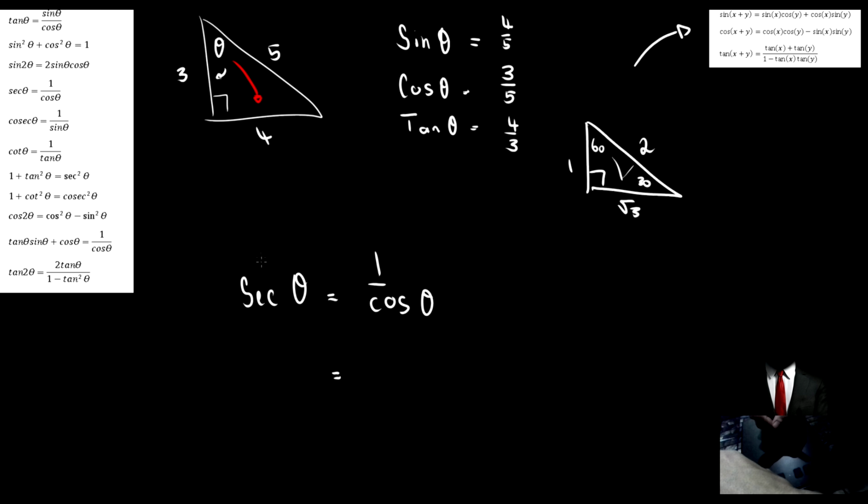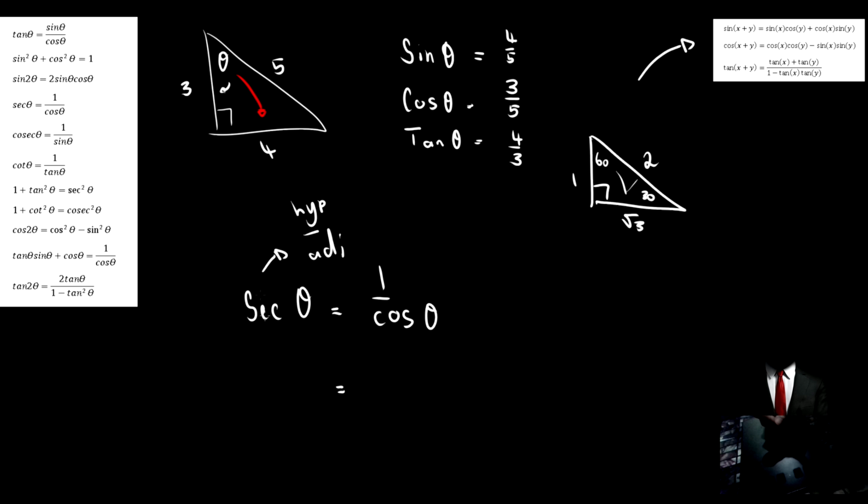This means secant is equal to the hypotenuse over my adjacent side. So let's write that down. My hypotenuse is 5. My adjacent side to theta is 3. So we have 5 over 3. This should be equal to 1 over 3 over 5, since I'm going to substitute cosine with 3 over 5.